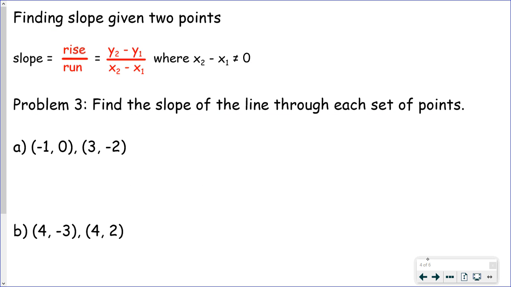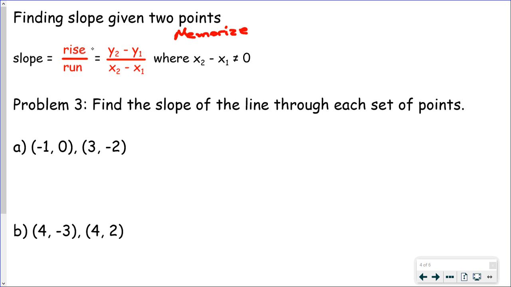All right. So I showed you how to find the rate of change or the slope from a table and then from a graph. And now I'm going to show you, well, what if they just give you the coordinates of 2 points? All right. So here's the formula. Unfortunately, this is something that you need to memorize.